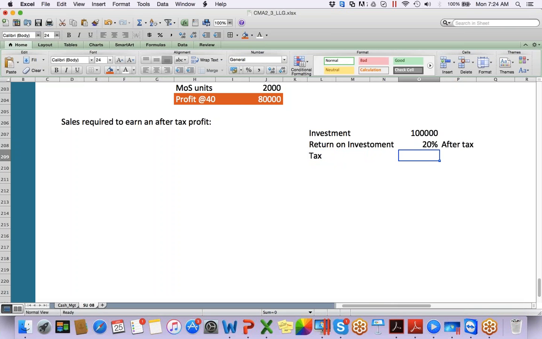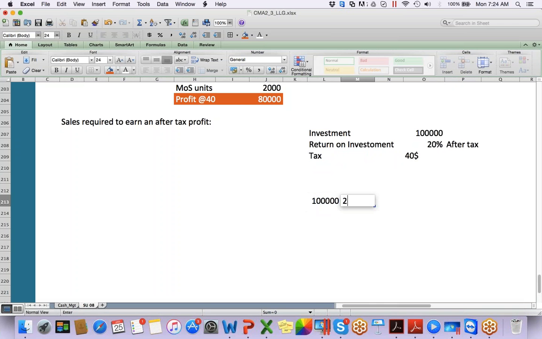Tax percentage is say 40%. What happens if you calculate 100,000 into 20%? You will earn 20,000, and from that, if you deduct tax at the rate of 40%, 40% of 20,000 is 8,000. The profit will be 12,000.